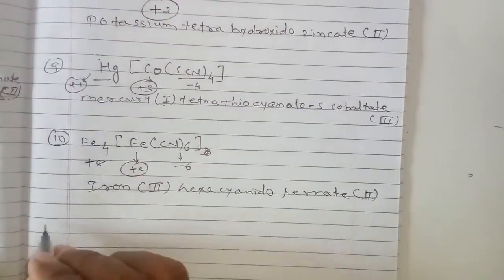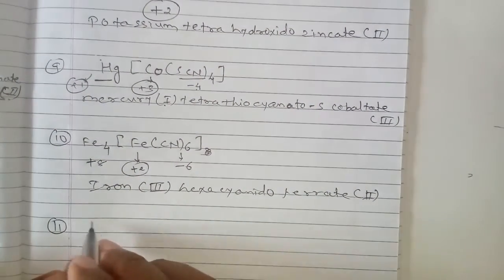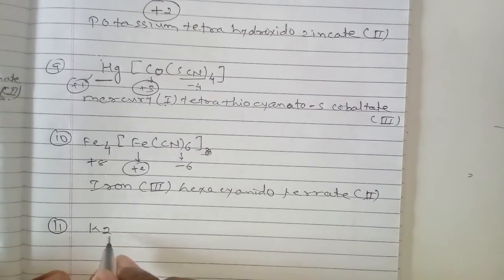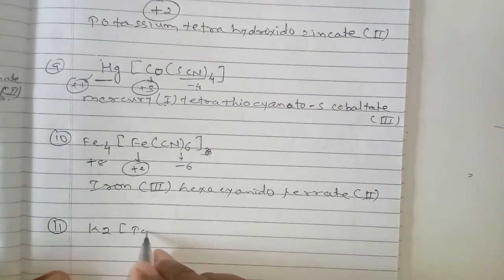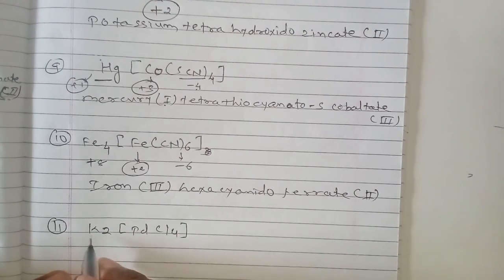And the next is K2[PdCl4]. Here the +2 Pd and -4, so it is +2.